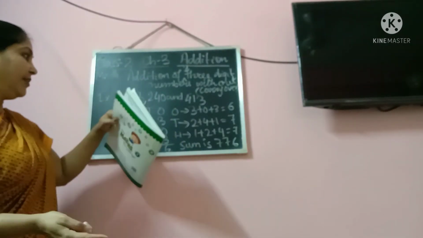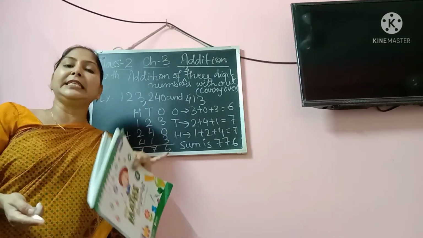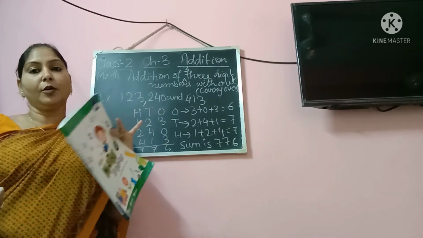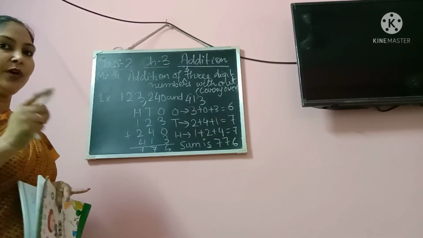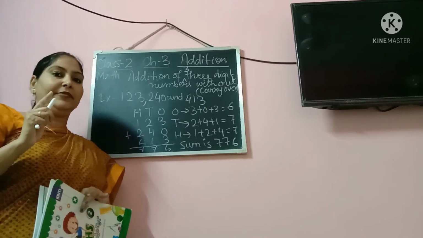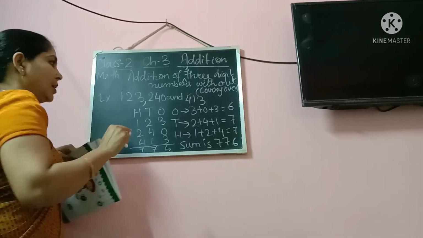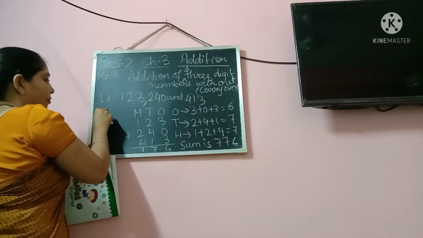Okay. So whatever examples I have done on the board, please copy down these examples in your maths copy. And the work which I will assign you for homework, please do in the book itself. So I am telling you which page numbers you have to do. So just copy down the homework.